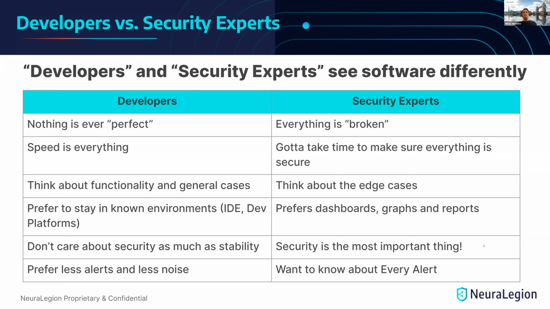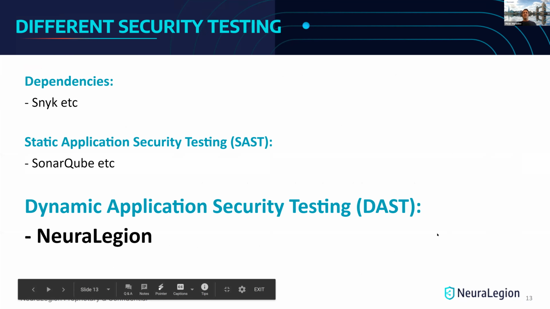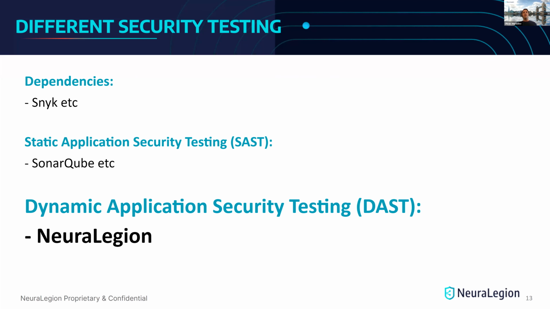And that's really something that NeuraLegion is leading the way in resolving from a security testing perspective when integrating it across your pipelines. Just in case some of you aren't aware of DAST tools and where we come in that flow, you may be familiar with your SCA, checking your dependencies, such as Snyk, for example. You may be performing static analysis, such as SonarQube, for example. We look at the runtime application or the API, at your targets, at your assets as if a human tester would.